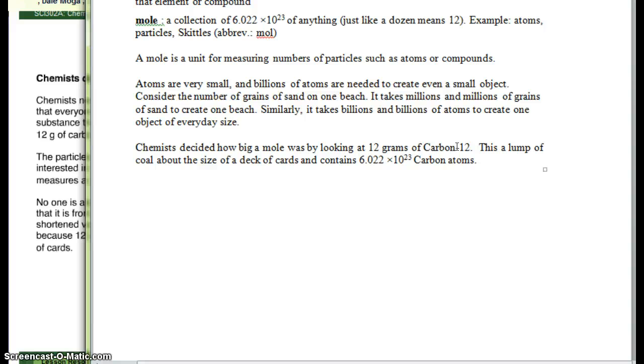So that's why it's carbon 12. So 6 protons, 6 neutrons. This is a lump of coal about the size of a deck of cards and contains 6.022 times 10 to the 23rd carbon atoms. So that's how big a mole is. We have this huge number, and when you put all those atoms together, you basically get a deck of cards. So think about that. That's crazy.